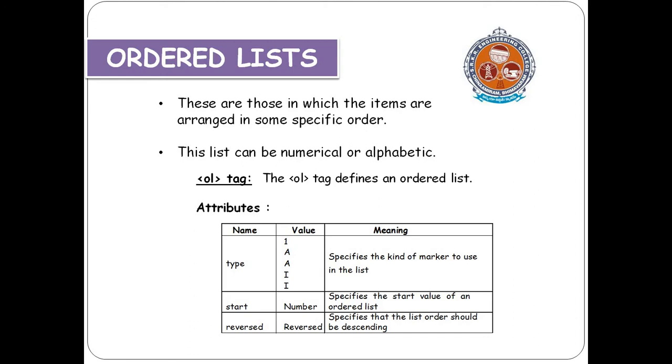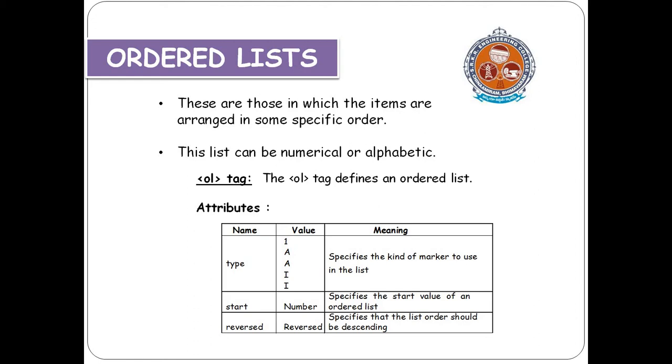In that, the first one is the ordered list. So what is an ordered list? In an ordered list, whatever data is displayed or arranged is in some specific order. The list can be numerical or alphabetic.